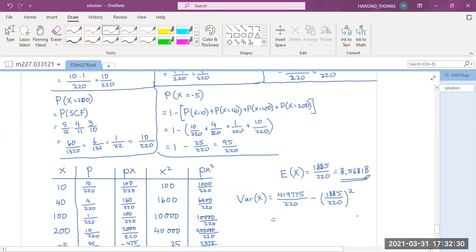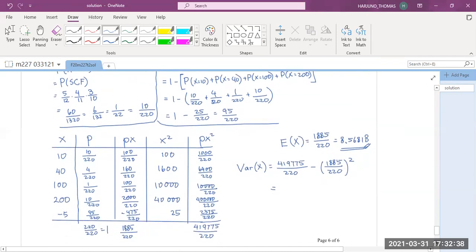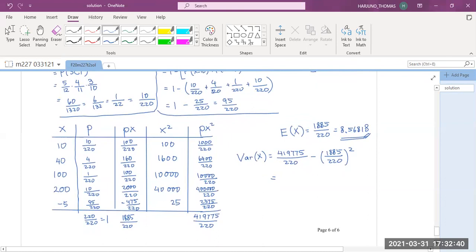Why I get negative number? Not supposed to get a negative number, but why I get negative number? I punch it wrong. I'm sorry.